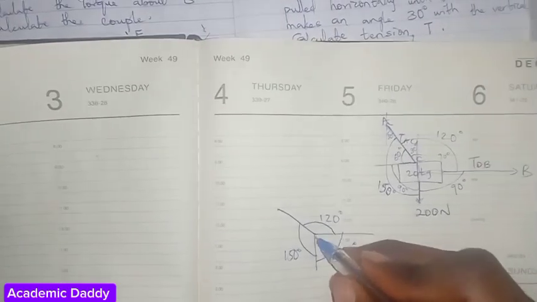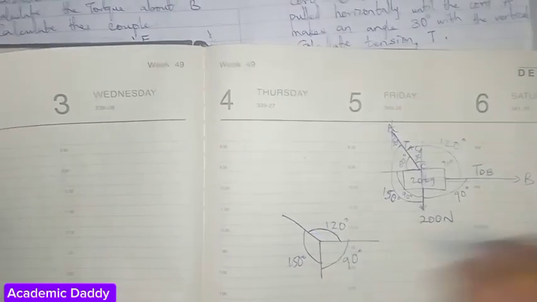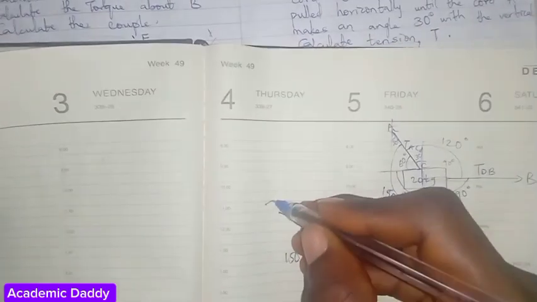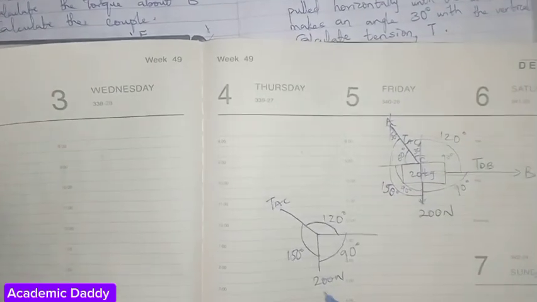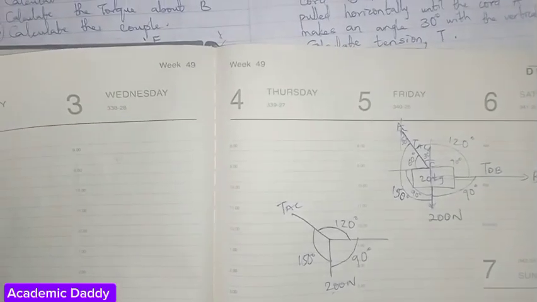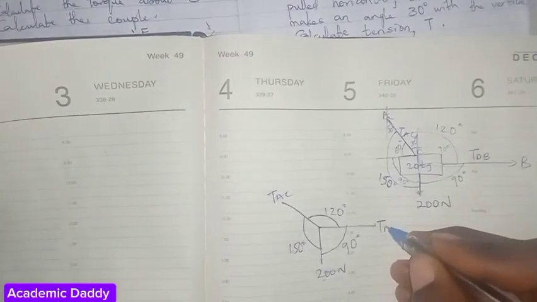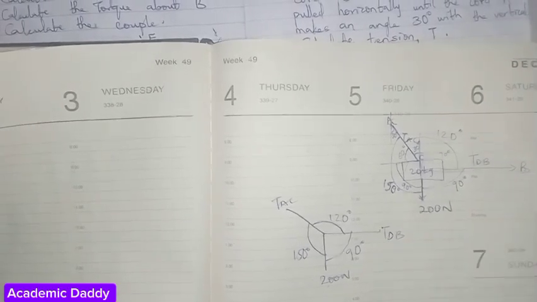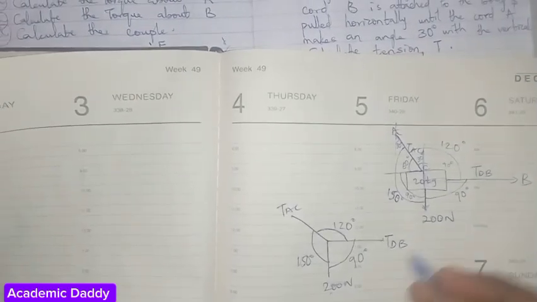90 degrees. Notice that this side is facing this angle, and what I have here is 200 Newton, because they gave me kg and force of gravity is constant. Then this is TDB. I can call it TCB, but we'll call it TDB to avoid confusion.